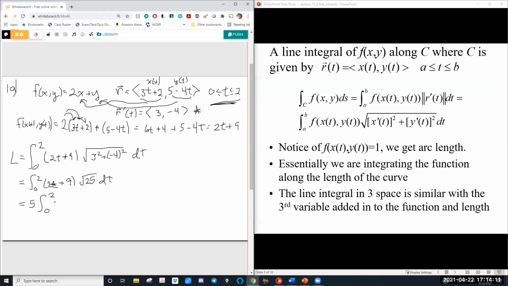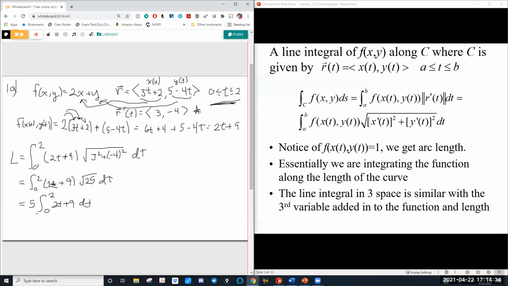So 0 to 2 of 2t plus 9 dt. And again, we get back to a single variable integral that we could have done back in Calc 1. The rad 25 I pulled out front as a 5, just for a note there.